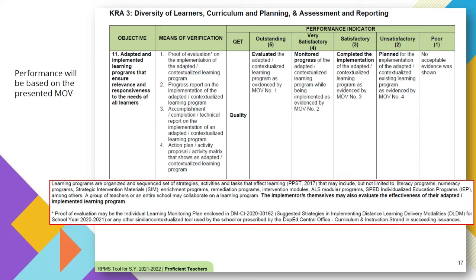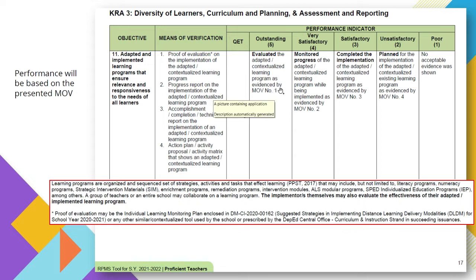So, to answer the question na yung MOV ba for Objective 11 na 1, 2, 3, and 4 ay kailangang isubmit sa ating portfolio, the answer would be no. Kasi if you want to have a rating of outstanding or 5 points, the only indicator that we need is evaluated the adapted contextualized learning program as evidenced by MOV number 1.